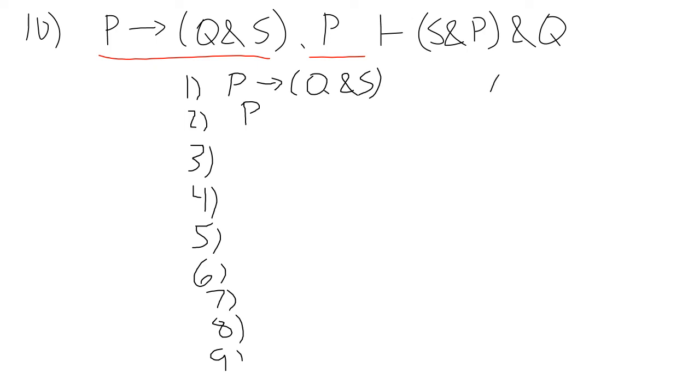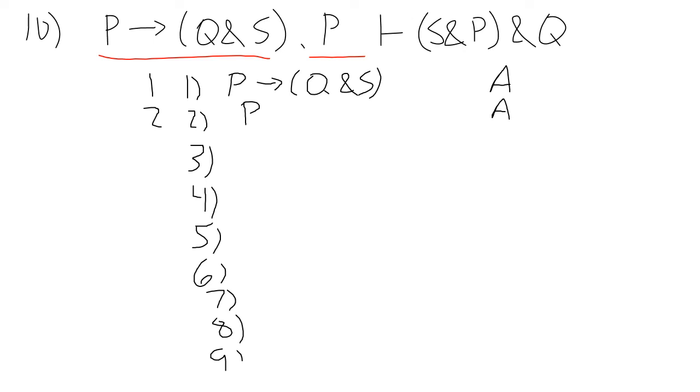These are premises, so we're going to mark them as assumptions. Associate them with the numbers in which they appear. P, arrow, Q, and S appears on line 1, so it gets a 1 next to it. The P by itself appears on line 2, so it gets a 2 next to it. And then we move forward.